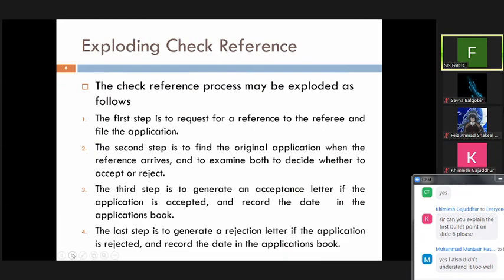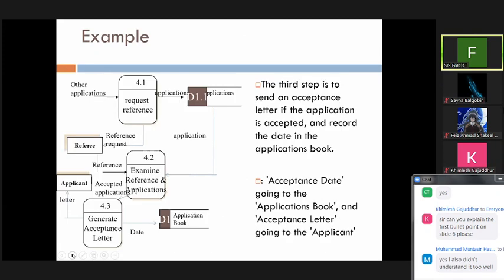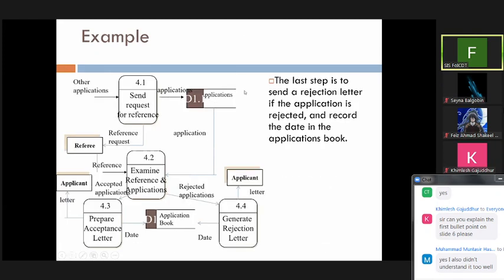Then the other application going to local data store is internal. 4.2 going to 4.4, it's an internal data flow. It's not an input, it's not an output. So input, output is coming from external entity, going to data store mentioned in the high level, and from processes from the higher level.